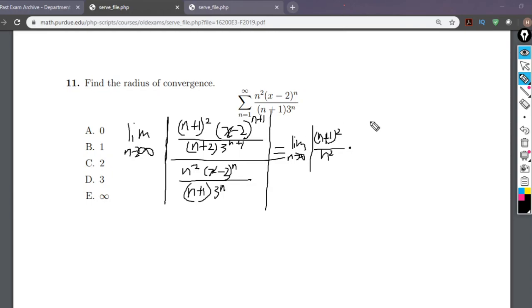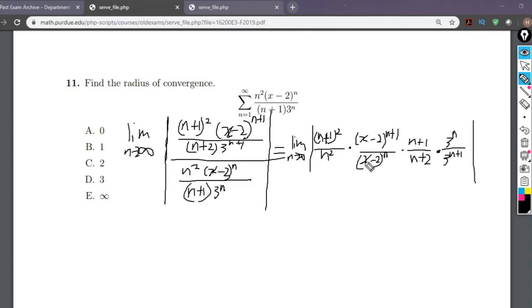Then the second term, x minus 2 to the n plus 1 power over x minus 2 to the n. And the third term is here, so that's in the bottom, n plus 2 with n plus 1 on top, times finally this and that, 3 to the n over 3 to the n plus 1.